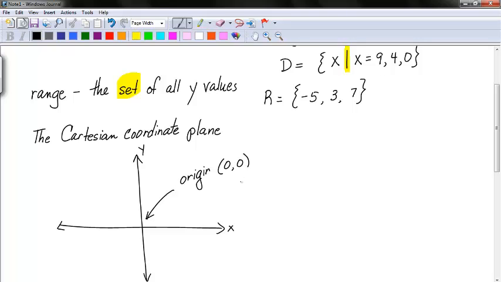When you look at the Cartesian coordinate plane, it's separated into 4 quadrants. The first quadrant is quadrant 1, and they will always use Roman numerals. The upper right hand is quadrant 1. This is quadrant 2.